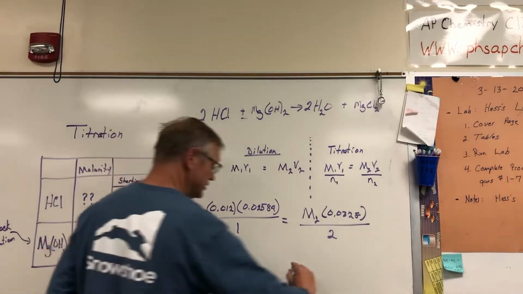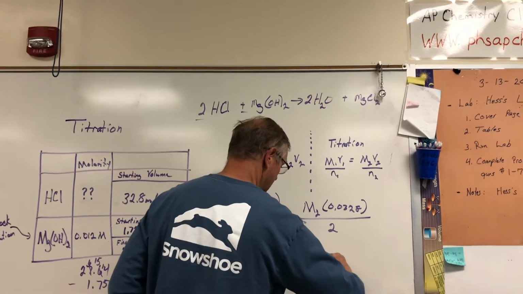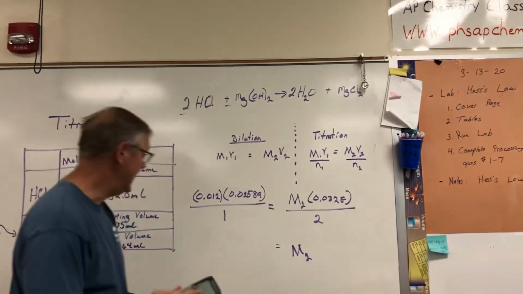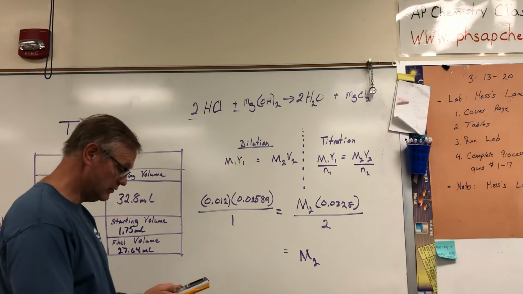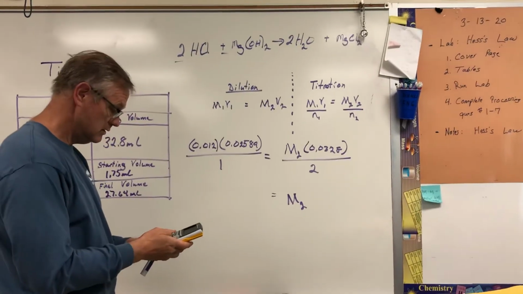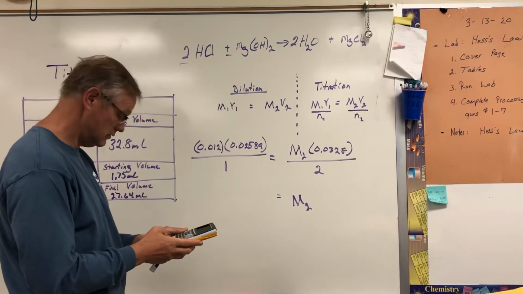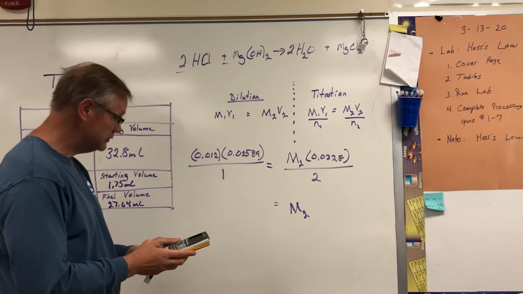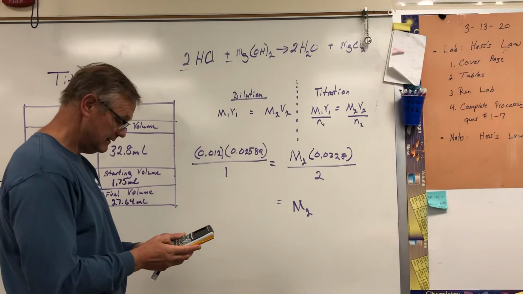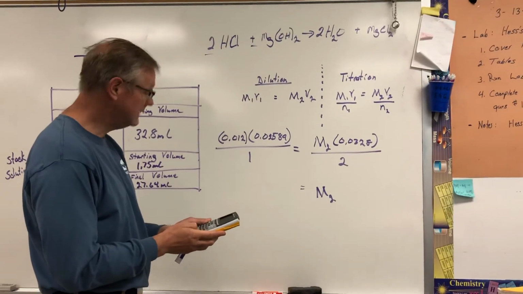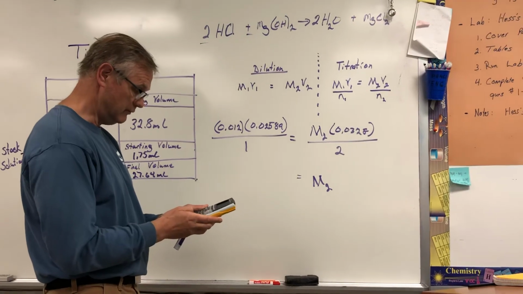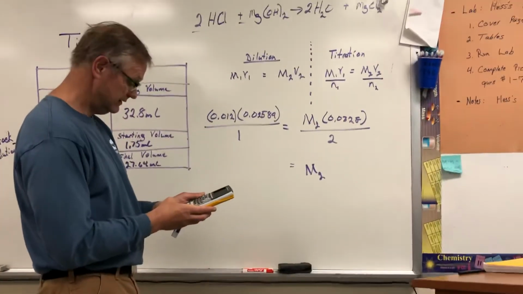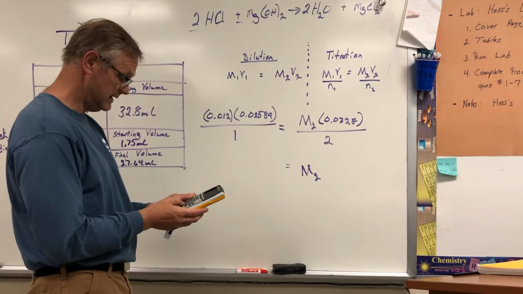So now I can simply do the math and determine the molarity for the acid. So I'm going to go ahead and punch that in real quick. 0.012 times 0.02589 times 2. And we'll divide all of that by 0.0328.